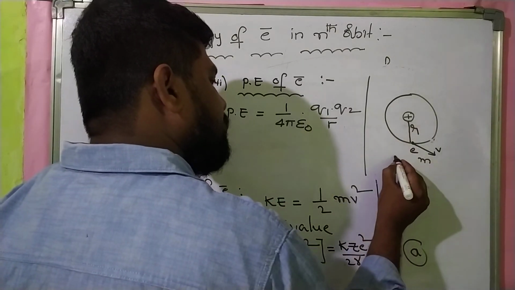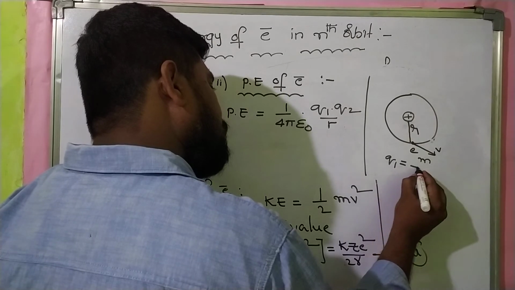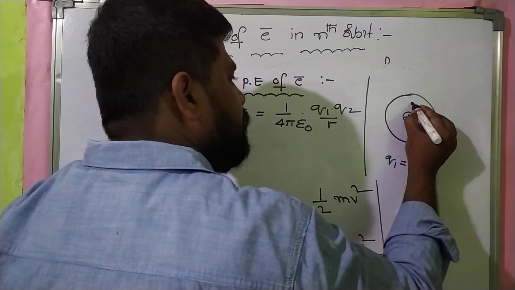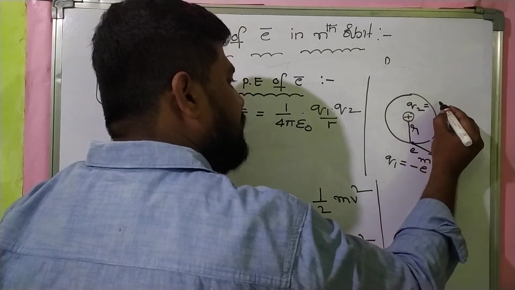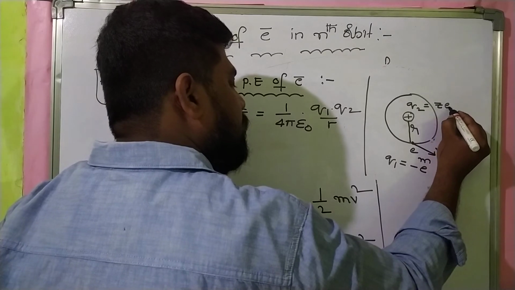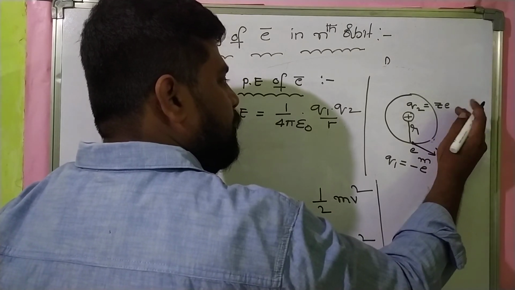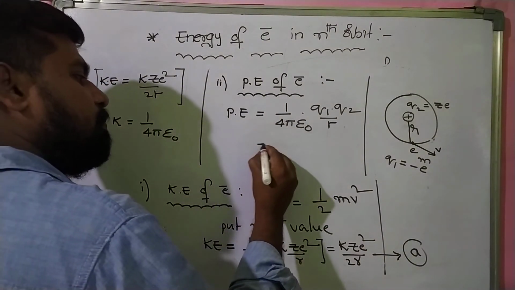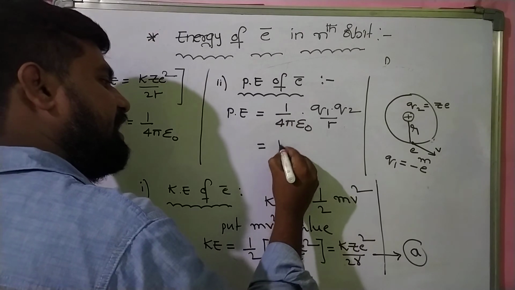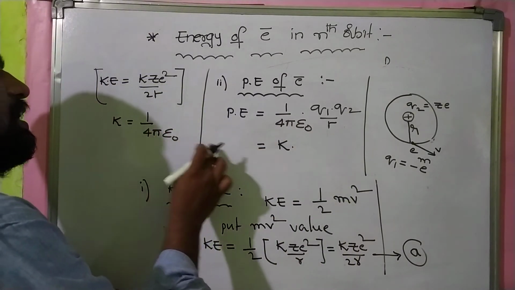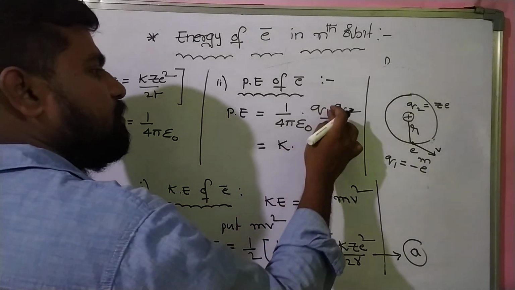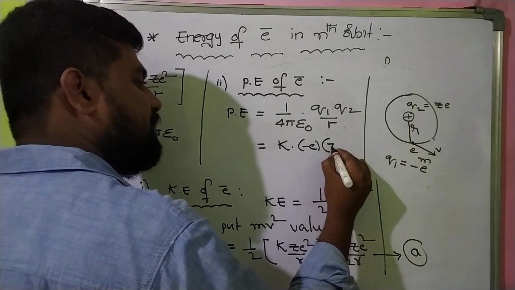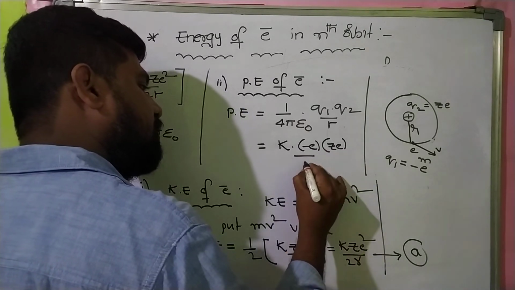Here the charge of the electron, say Q1, equals minus e, negative charge, and Q2 means the charge of the nucleus, which equals atomic number into the charge of the electron. Now 1 by 4 pi epsilon naught is K, as we already know. Now Q1 is minus e and Q2 is Z into e.